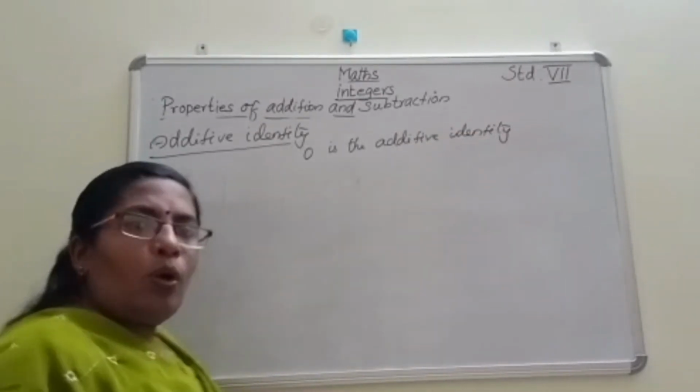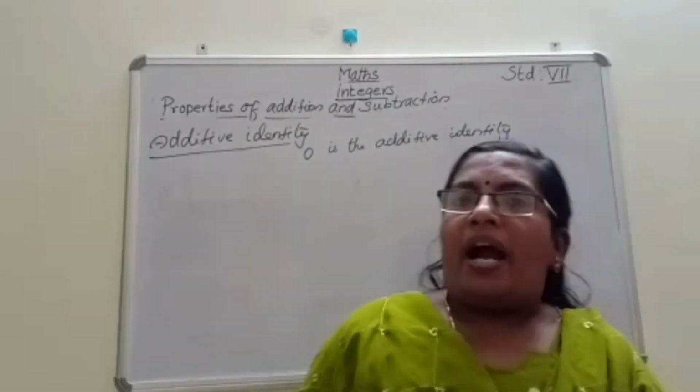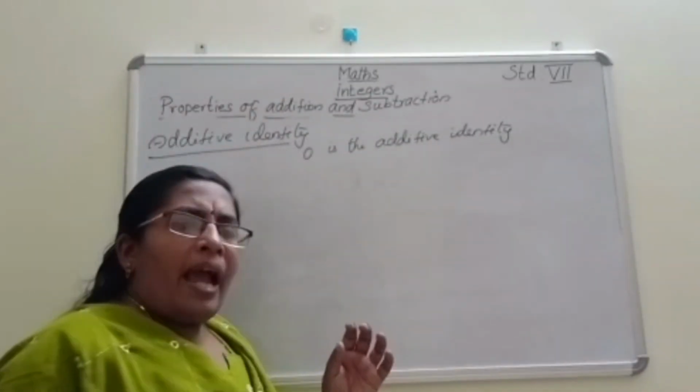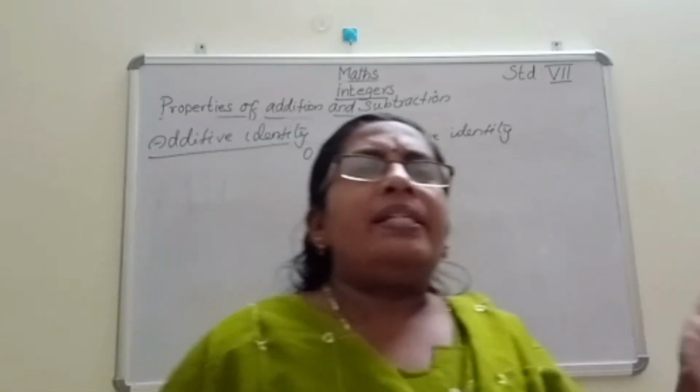What is it? 0 is the additive identity. When we add 0 to any number, we will get the same number.